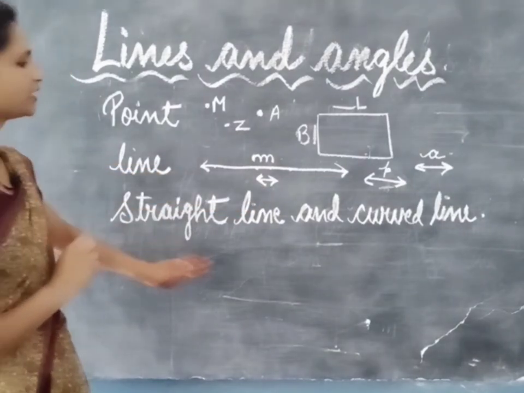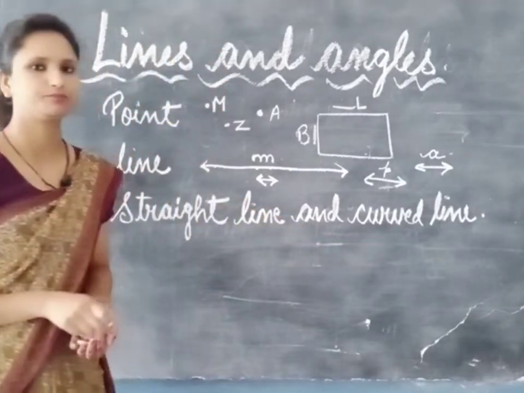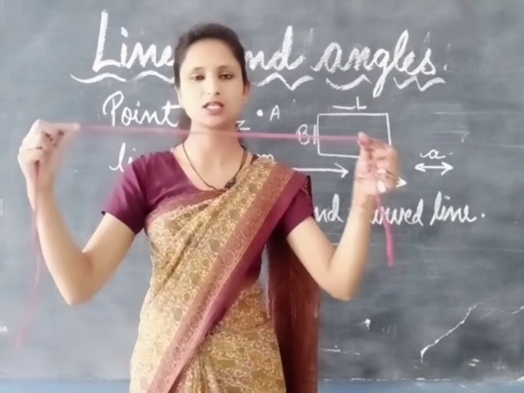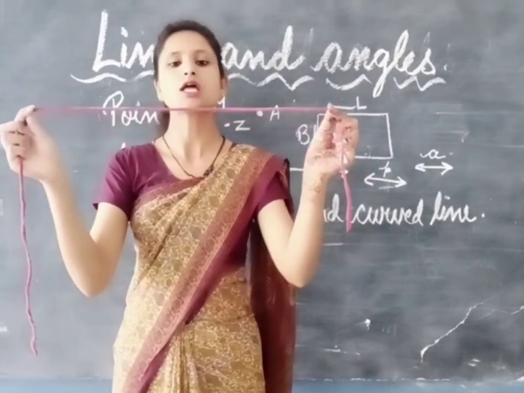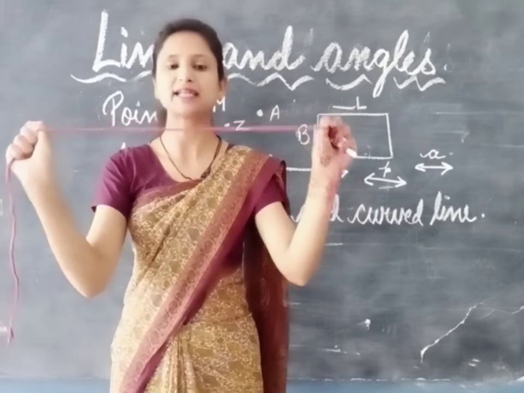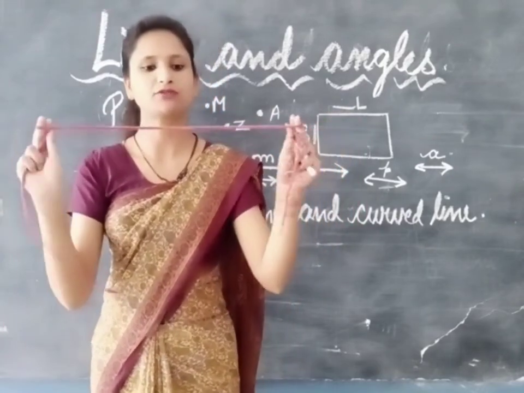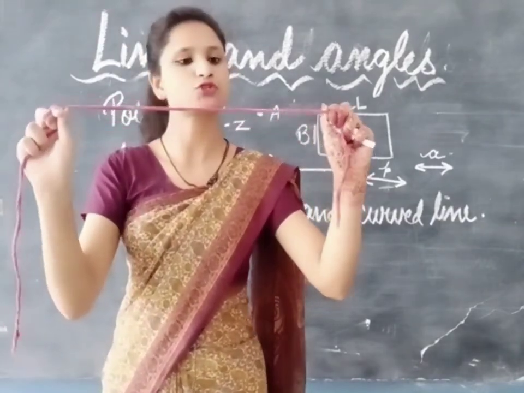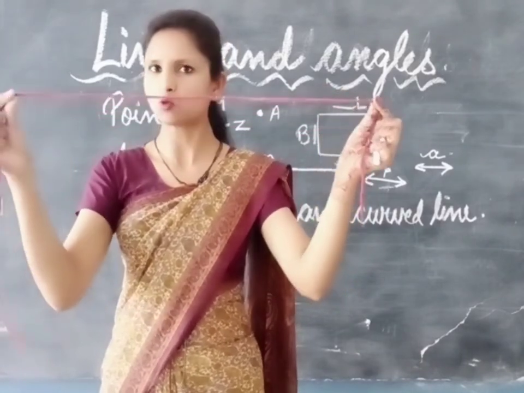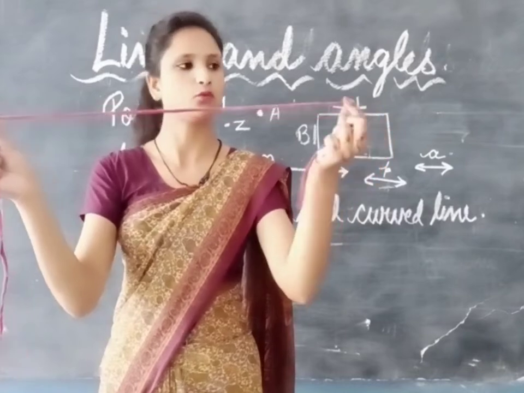Now, straight lines and curved lines. Let us take a thread. We have to hold it very tightly. We take a thread and stretch it tightly. Suppose these are the two ends of this thread, 1 and 2.